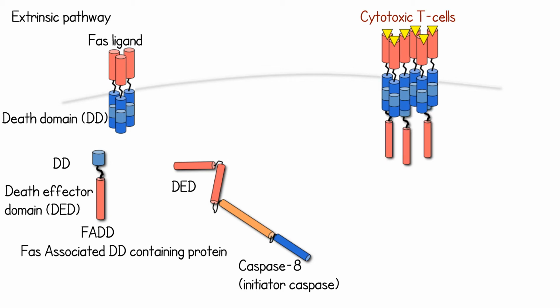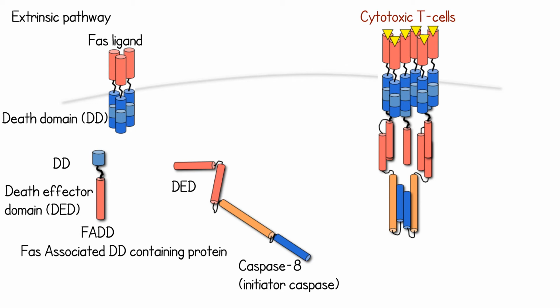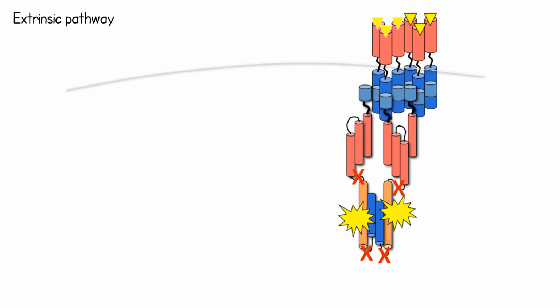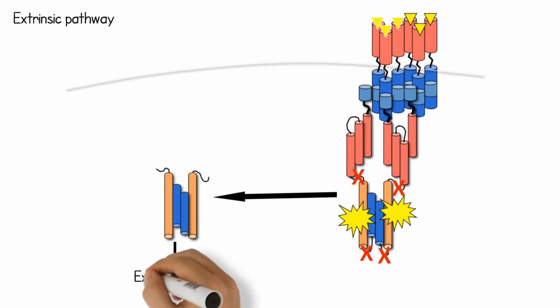After that, Fas uses its effector domain to interact with the same domain of caspase-8. After being recruited to Fas, caspase-8 undergoes dimerization and becomes active. The activated caspase-8 cleaves itself and is released to activate executioner caspases.